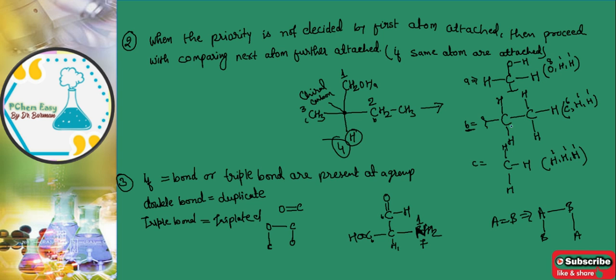We have to see the next atom. Similarly, here if we talk about the C, so this carbon having three hydrogen, so we will count that. But what is directly attached to the next to next, that we will not count. We will count that when we are not able to find the first point of difference. I will tell you what is that first point of difference.